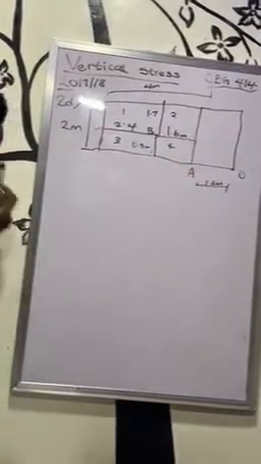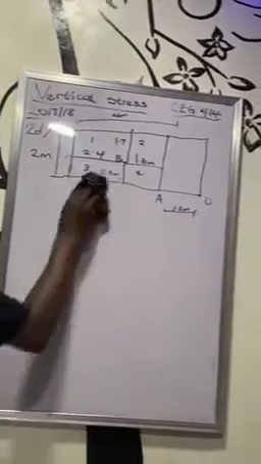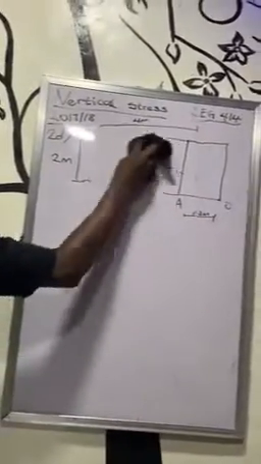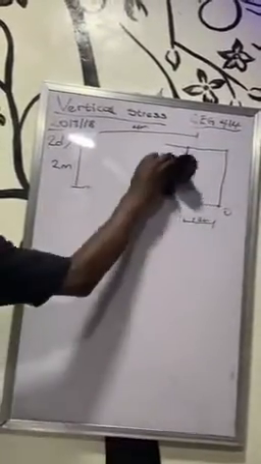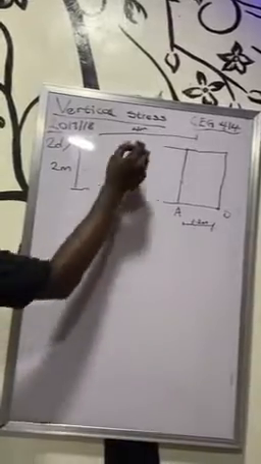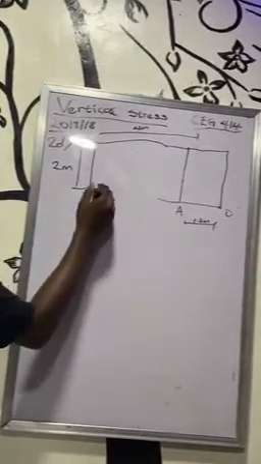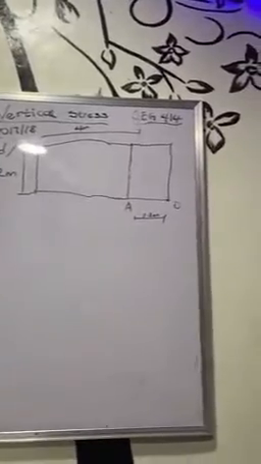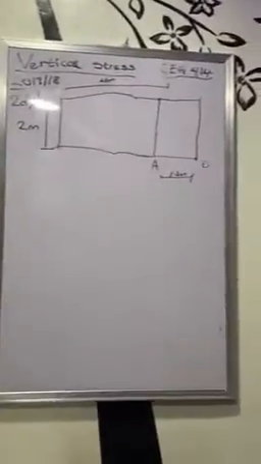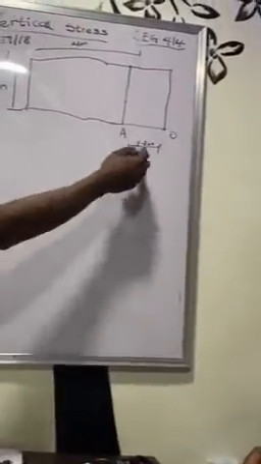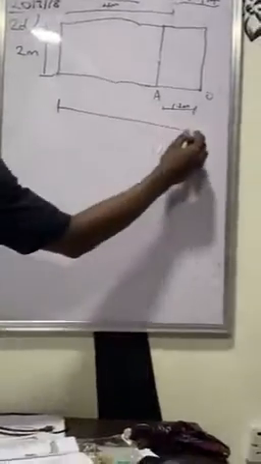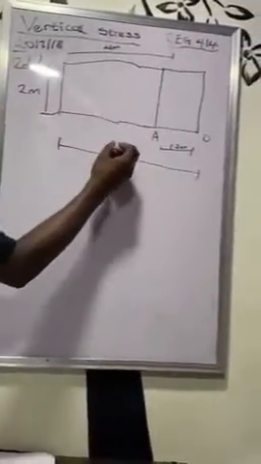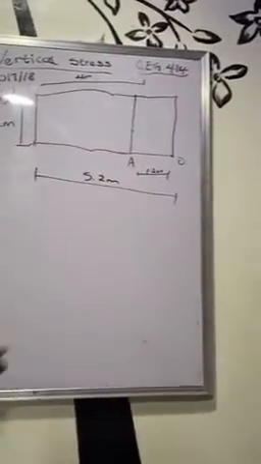I said you extend the rectangle at first. My drawing, I'm not good at anything that involves drawing or art. Quite useless actually. So this total length is going to become 4 meter plus 1.2, which is 5.2 meter.